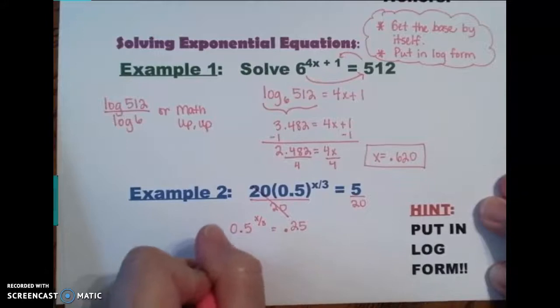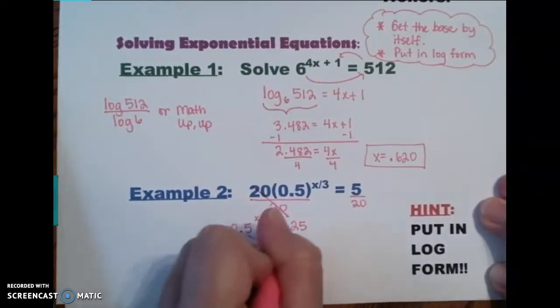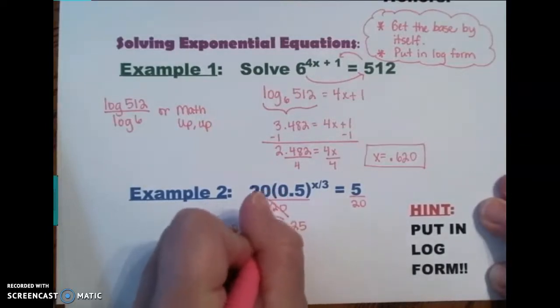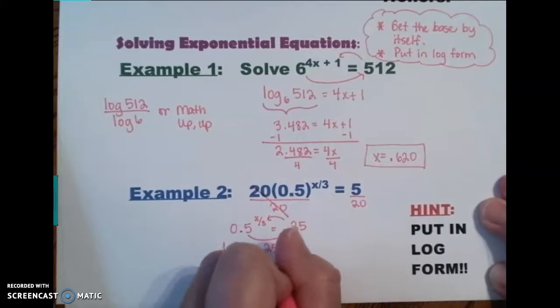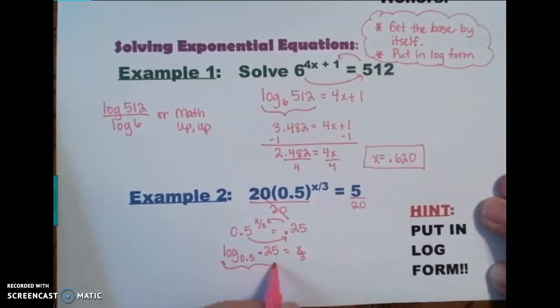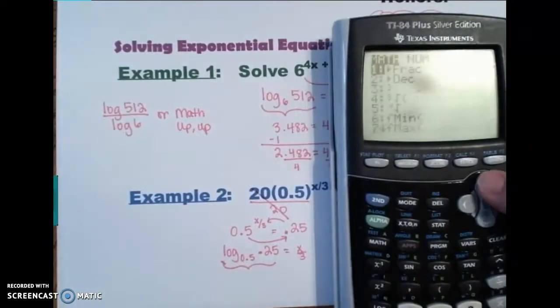So you use your outback method. So base is 0.5, go out, and then come back for your x over 3. So I'm going to evaluate this part. Again, I'm going to use math up.